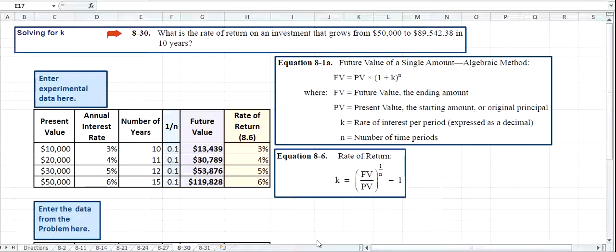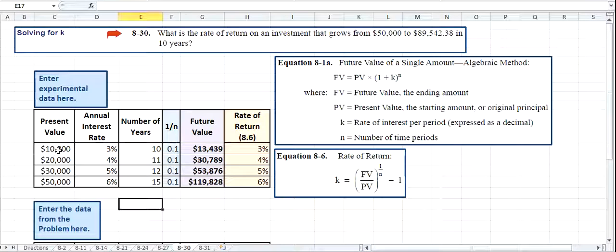Let's just say that the numbers were, I am going to start off with 20,000 and I want to know what rate of return I'm going to need to have in order to end up with $30,789 in 11 years.